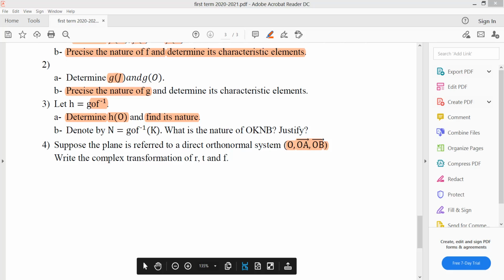So B equals half times 1 is half. Half times minus i is minus half i. Then Z prime equals iZ plus half minus half i.